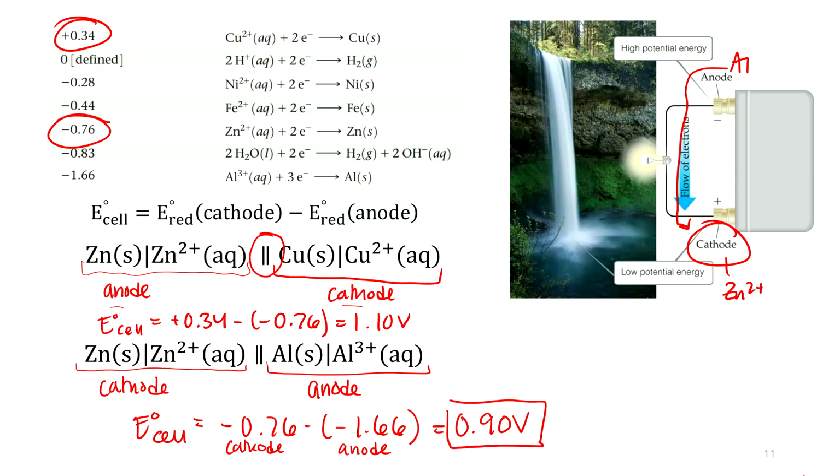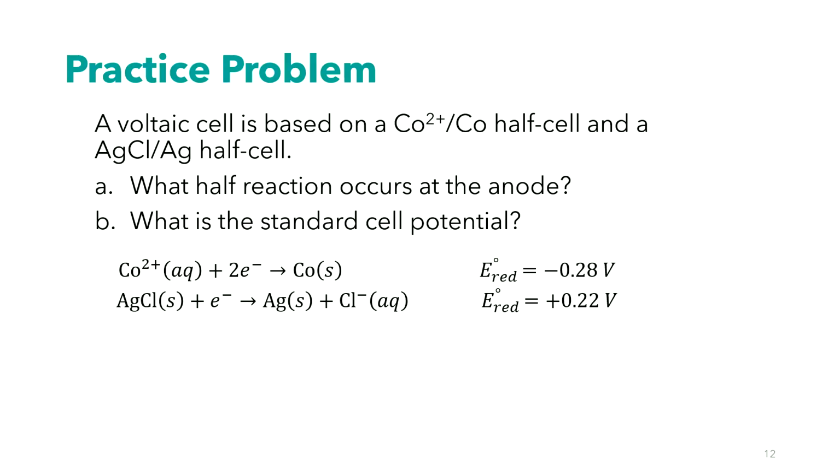All right, so do this example. A voltaic cell is based on a cobalt, silver chloride half cell. I've given you the standard reduction potentials. I want you to write the actual reaction that happens at the anode. So I'm looking for an oxidation reaction. Notice that both of those are written as reduction reactions because that's standard. So you're going to need to flip one of them and then calculate the cell potential.